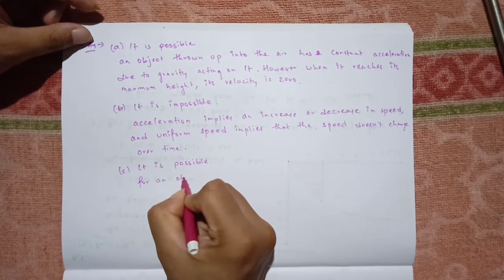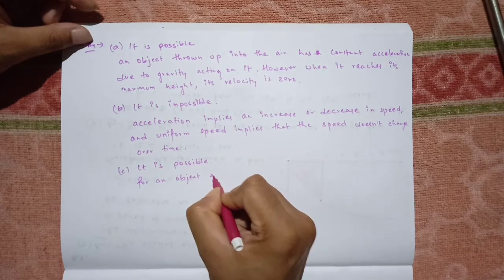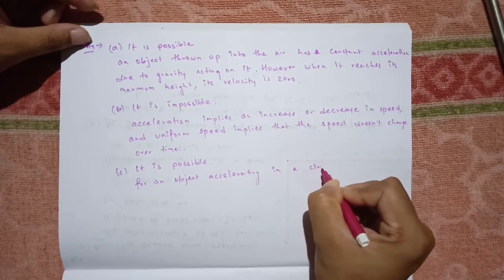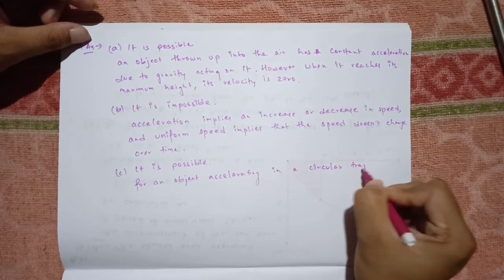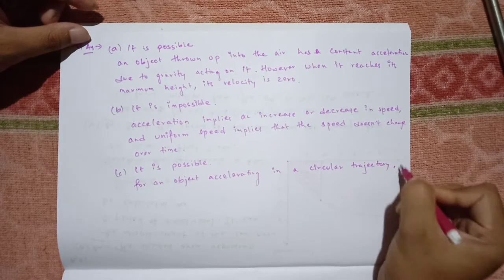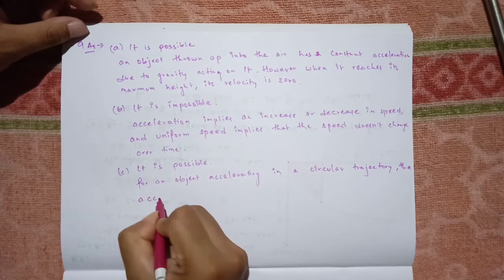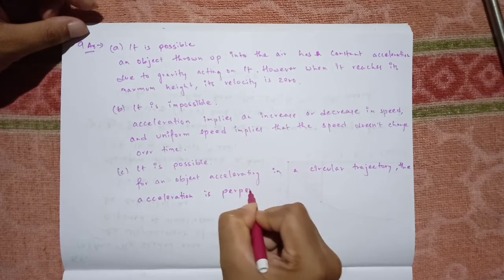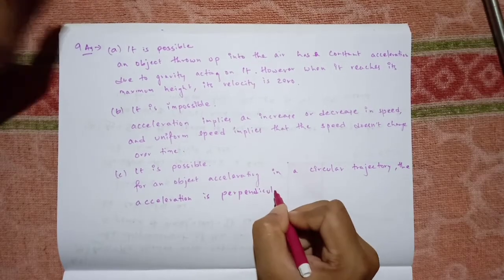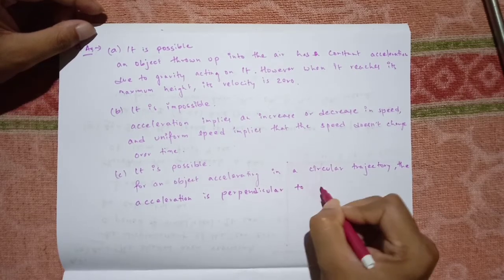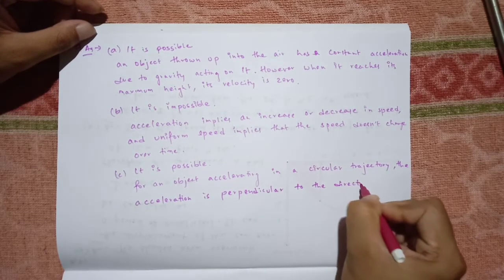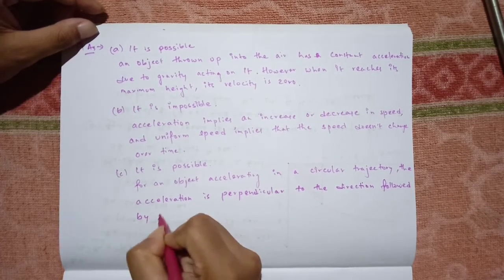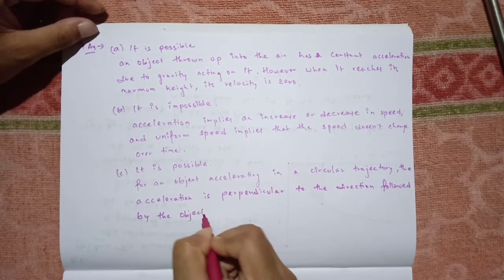For an object accelerating in a circular trajectory, the acceleration is perpendicular to the direction followed by the object.